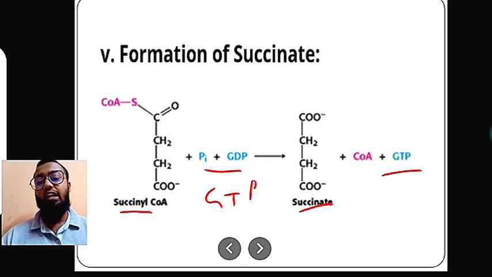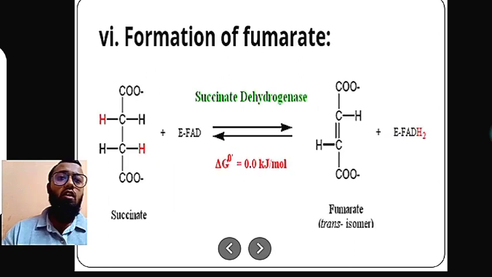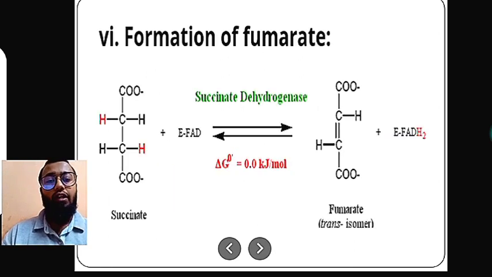And let's see the next reaction. The formation of fumarate. It is the sixth reaction students. Succinate reacts in the presence of the enzyme succinate dehydrogenase. And students, I know you are very good at the reactions and at biochemistry. It is a reversible reaction.